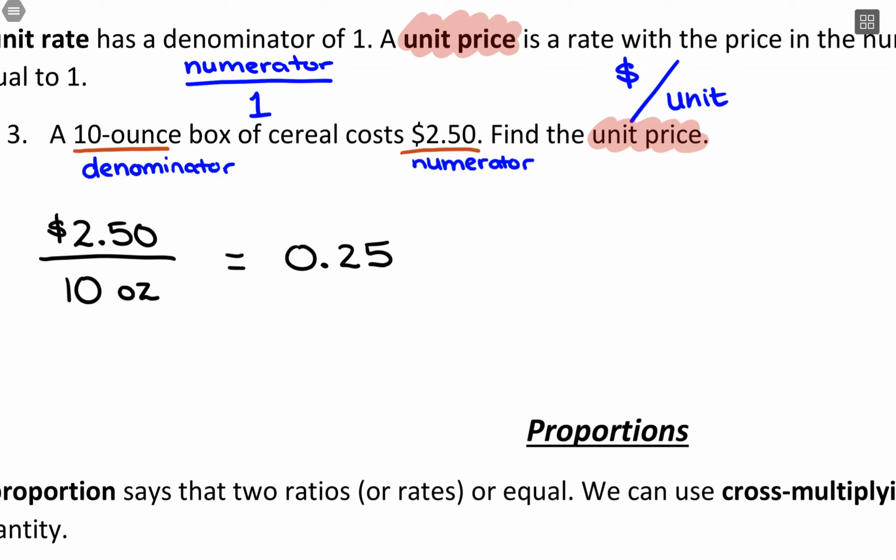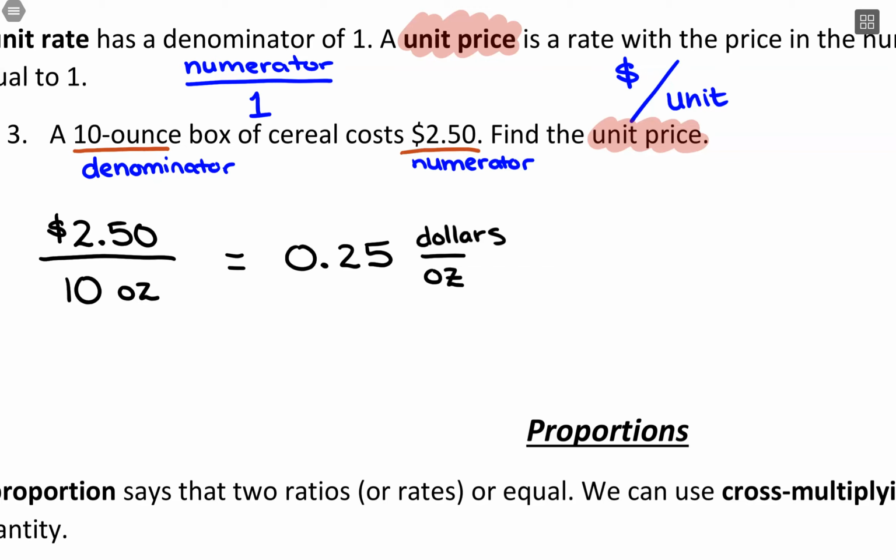And then for our units, it's dollars over ounces. So now this is a unit rate because we have a denominator of 1.